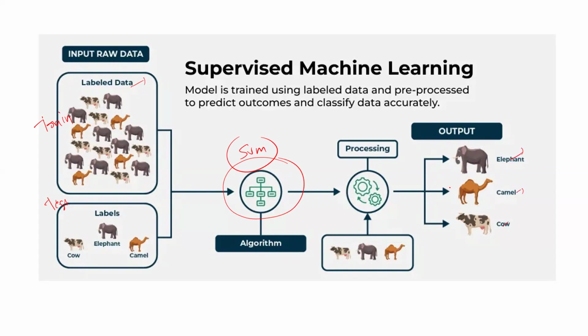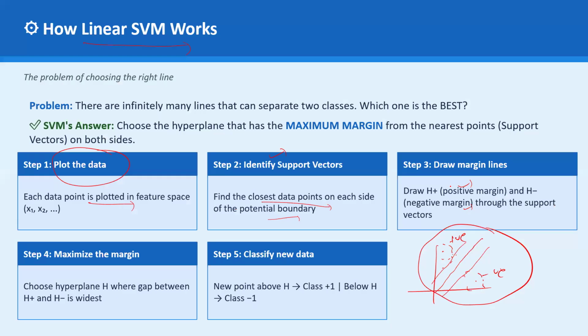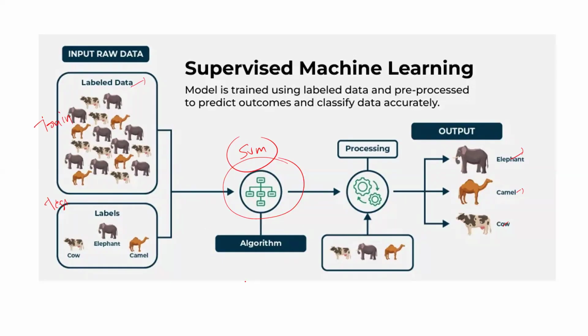If a new data point comes here, since it is already trained, it will clearly separate it. This is unknown data; we don't know what exactly the result is. We just pass the data to the algorithm, it will be pre-processed, and we will get the output predicted by the trained SVM.